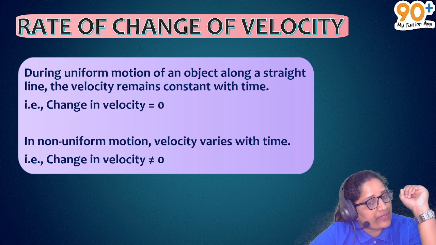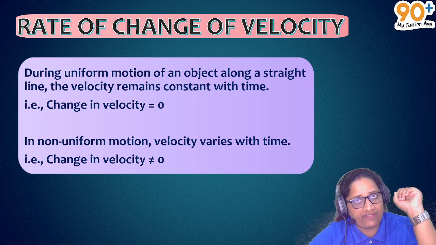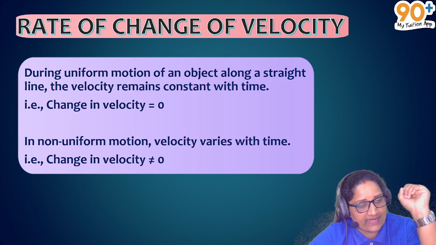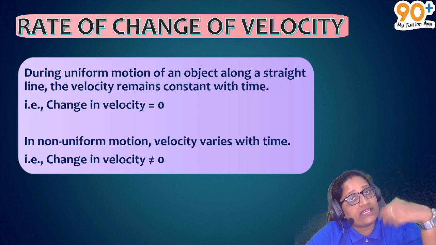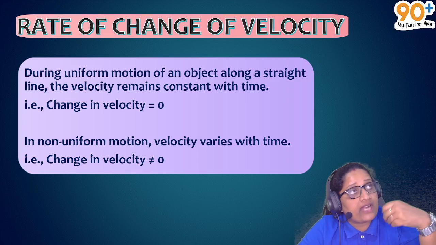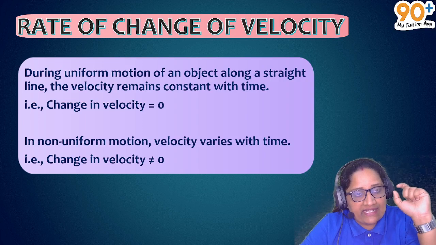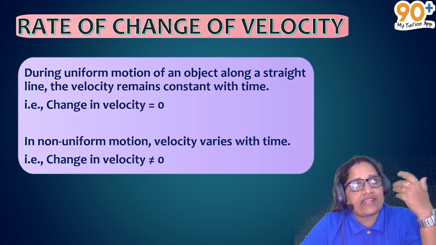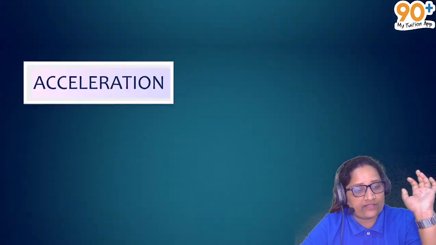But in non-uniform motion, velocity varies with time, so the object covers unequal distance in equal intervals of time. If it is maintaining a constant speed, the rate at which it covers the distance will be the same.